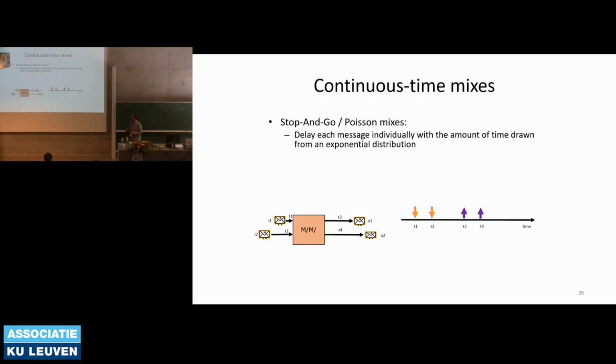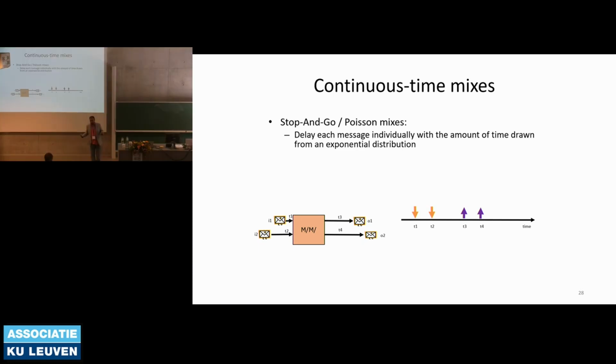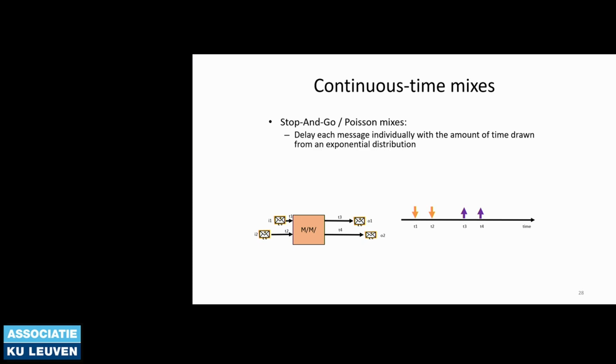That makes it better. And then there are continuous time mixnets. Here the hope is that instead of having explicit time intervals, you delay each packet individually, independent of all other packets. Typically these delays are chosen by the client and drawn from an exponential distribution. Since you are adding a delay on each hop, the hope is that during that interval, some more packets will arrive, and then you will achieve some mixing.